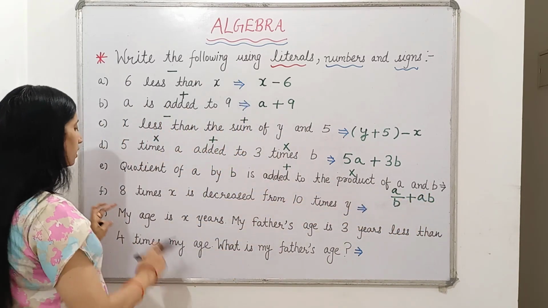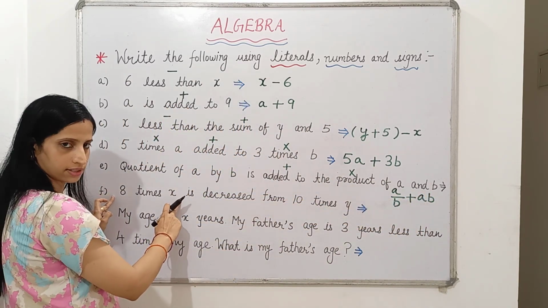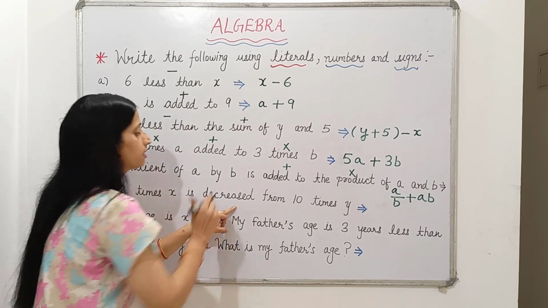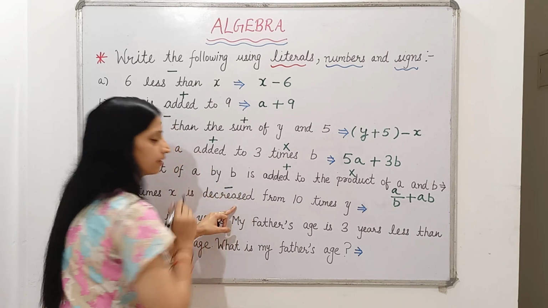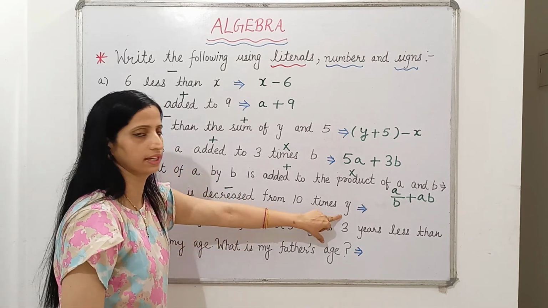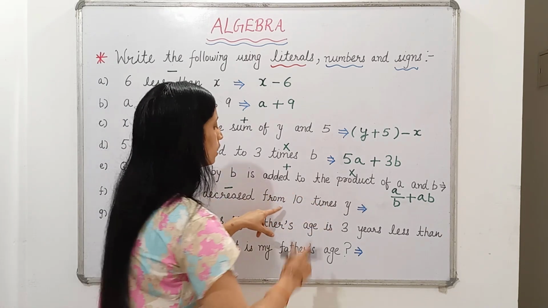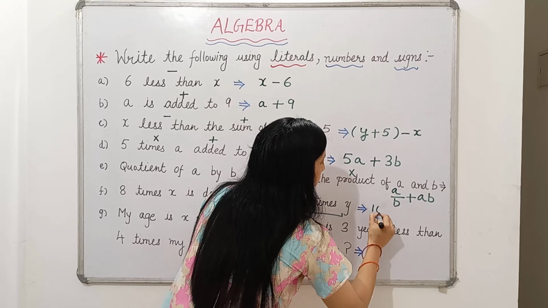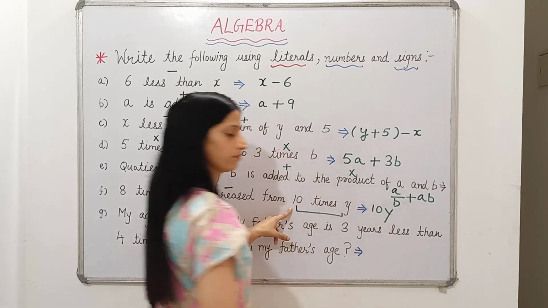Next, 8 times x, 8x, is decreased, meaning it is getting subtracted from what? 10 times y, 10y. So first we write 10 times y, we get 10y.